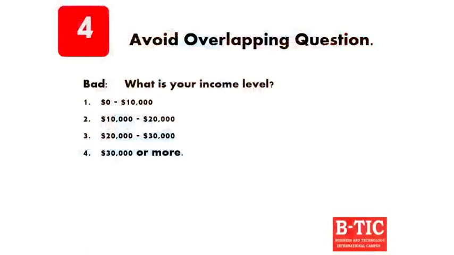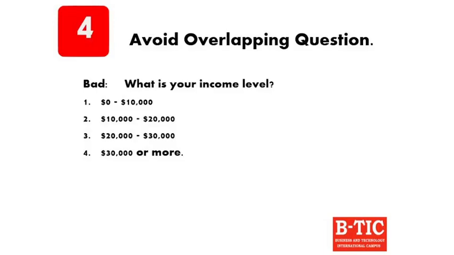Look at the answers for this question. What is your income level? 0 to 10,000 sterling pounds or dollars, $10,000 to $20,000, $20,000 to $30,000, $30,000 or more dollars. Now, if you have earnings of $10,000, you have 2 options there, option number 1 and option number 2. If you earn $30,000, again you have 2 options, option number 3 and option number 4.